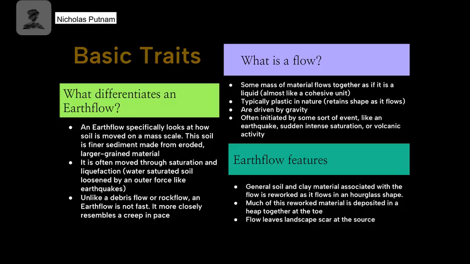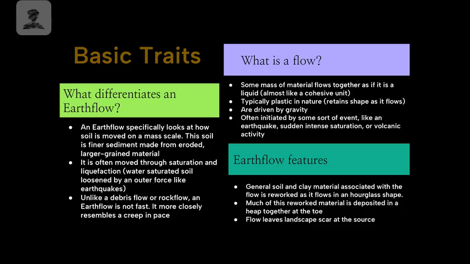So then the Earth classification doesn't just describe what kind of material flows. Of course, Earth refers to the soil, and maybe some smaller sediment is going to be moved. Larger grain material can be moved, but not in the same way that it is by debris flows. And it's not necessarily fast either. It moves more closely to a creep, but it's not really slow.